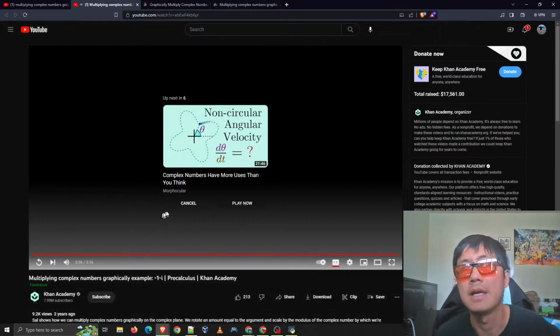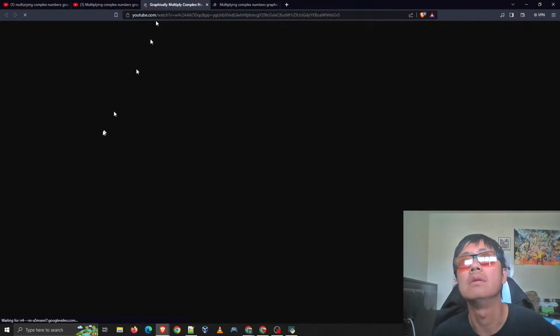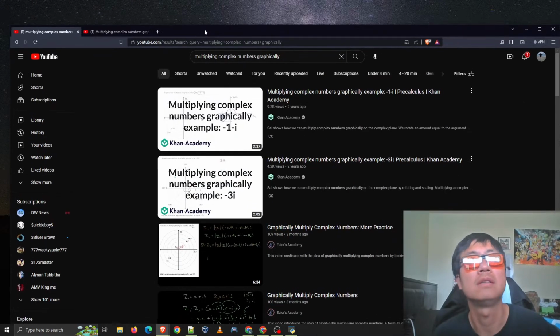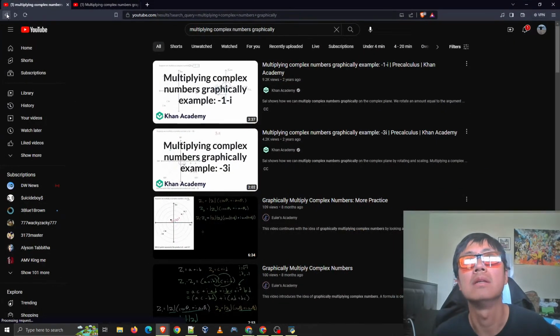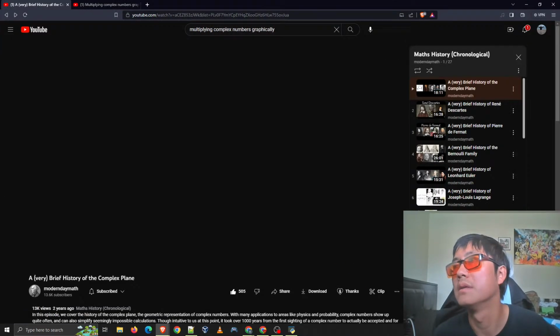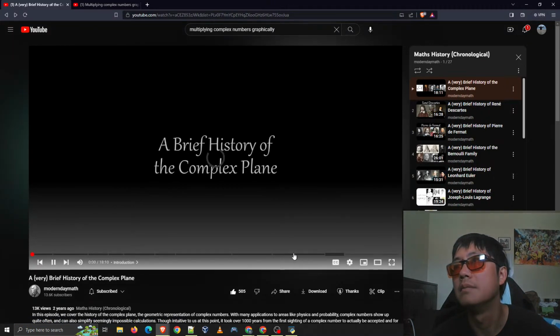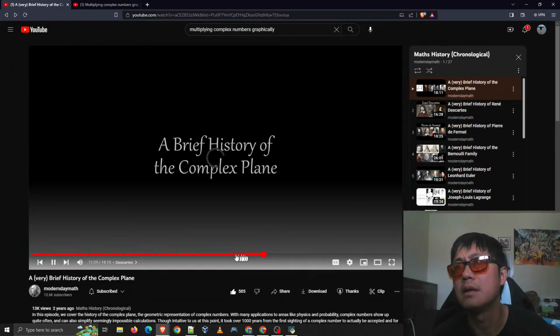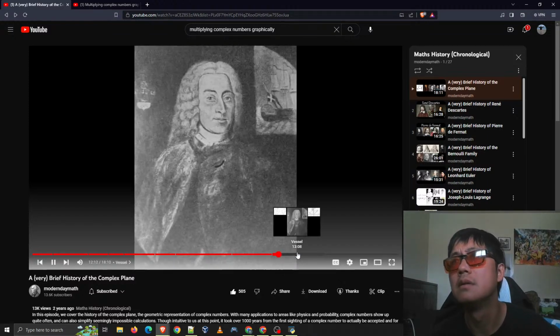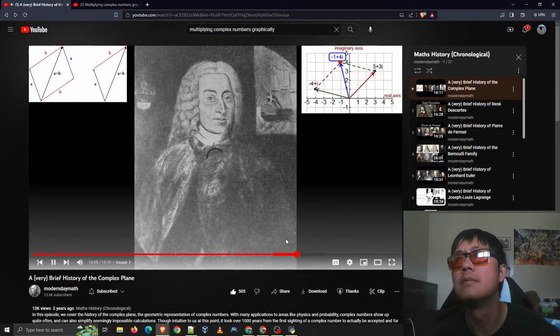Okay, so that's what I saw. I saw a similar explanation, so I'm glad it's easy to find. Basically, geometrically, this was written on the complex plane.